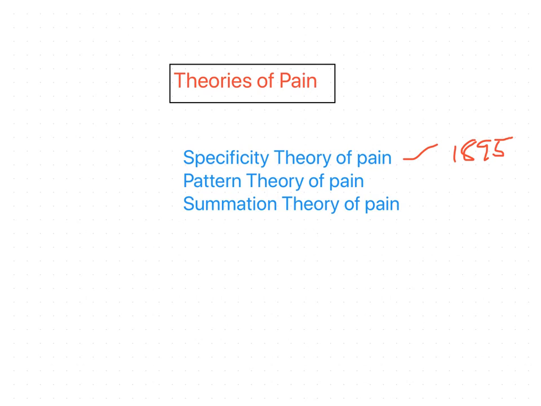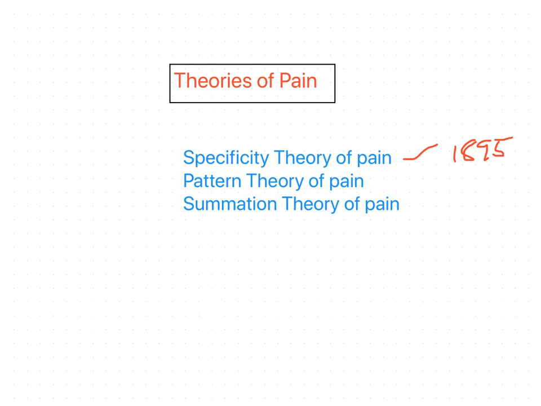So that means pain receptors are separate, whether it is crude pain or pinpointed pain, touch, heat, like that. So he proposed that different kinds of receptors are specific to a particular type of sensory experience. That is seen in the specificity theory of pain.